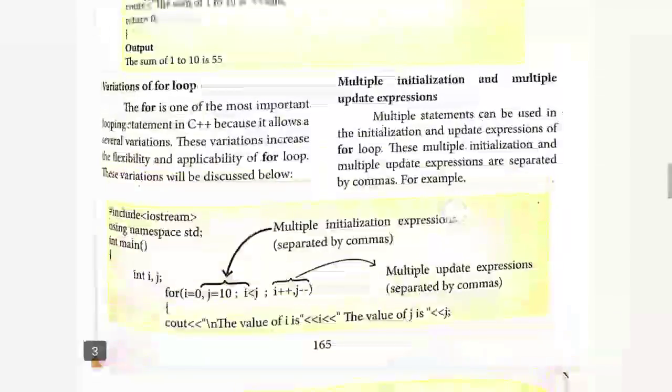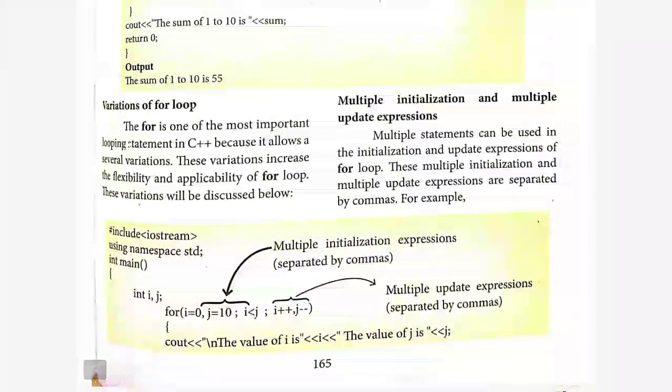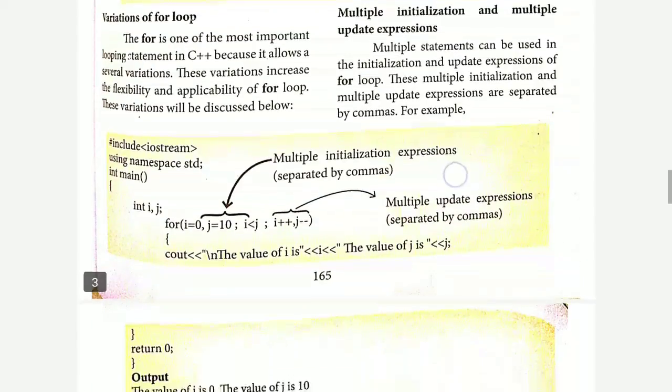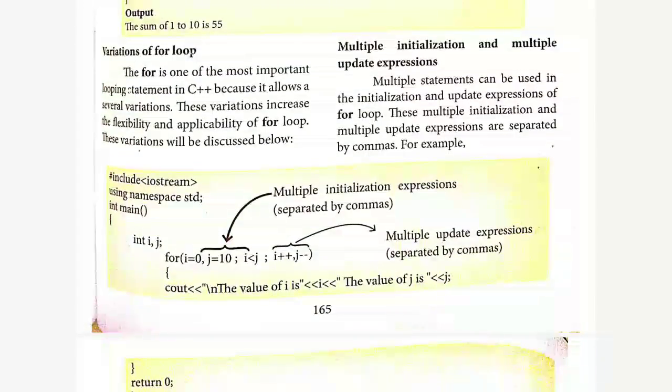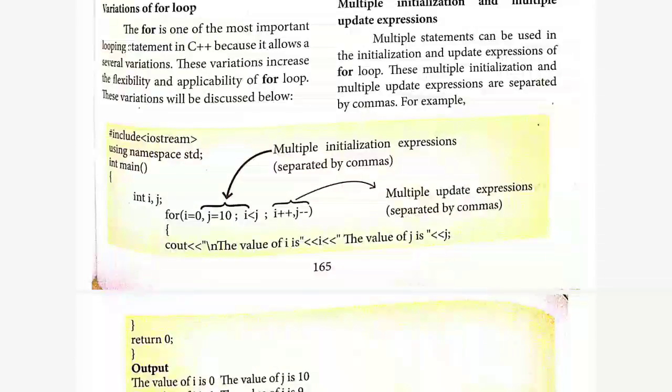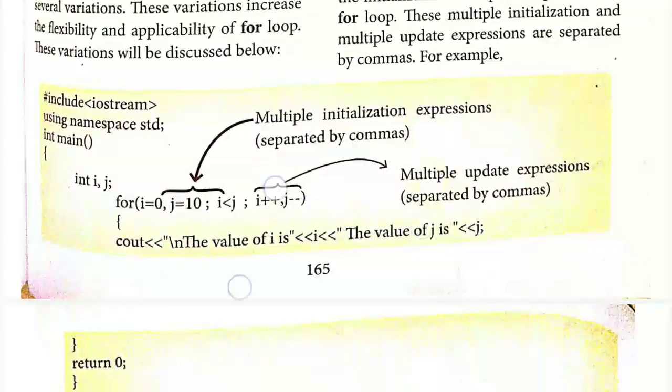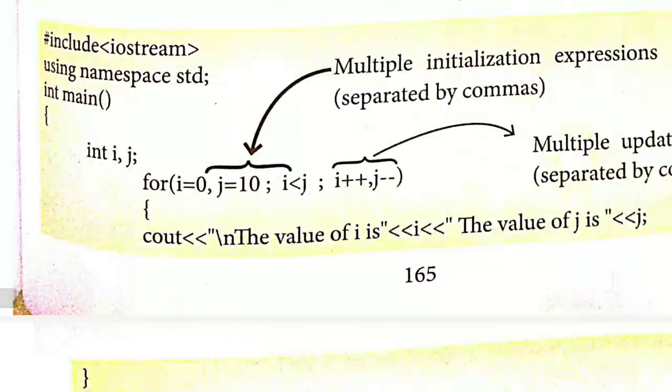Here you can see variations, different types of for loop. You can provide two test conditions in the same for loop.